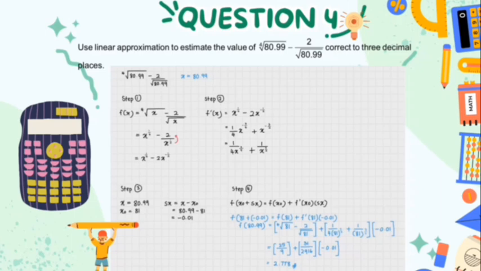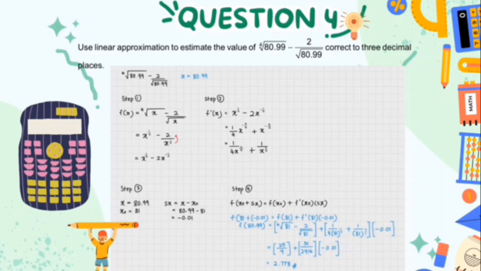And for the last step, we need to calculate using the formula of linear approximation. The formula is f of x naught plus delta x equal to f of x naught plus f prime of x naught multiplied with delta x. Then substitute all the values that we got in step 3 into the formula.